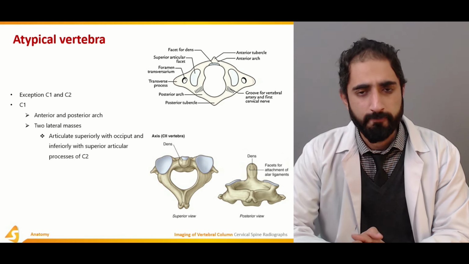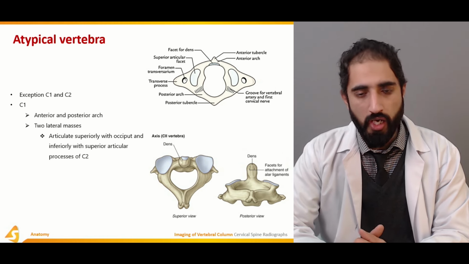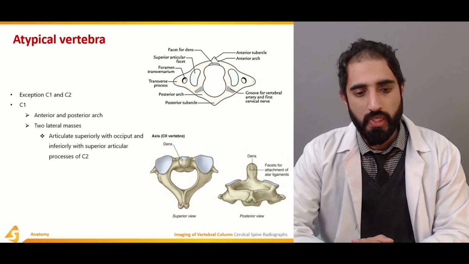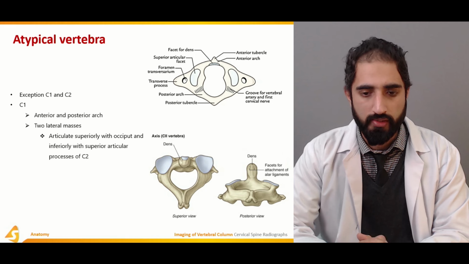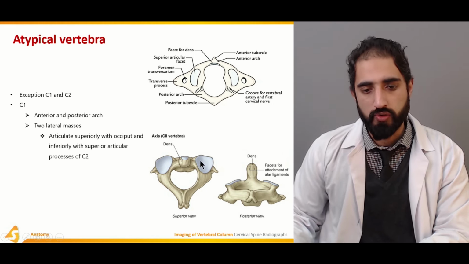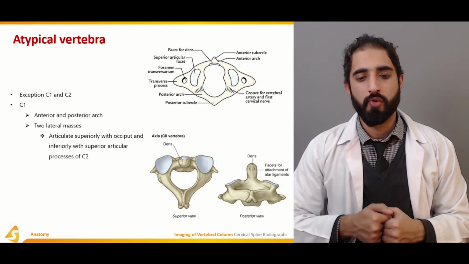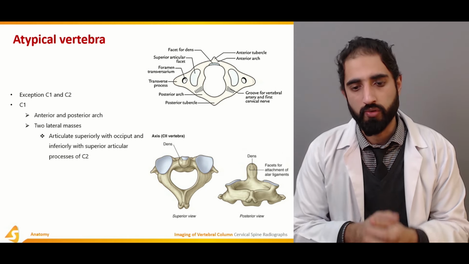And it articulates superiorly with the occiput, making the atlanto-occipital joint, and inferiorly with C2, and C2 and C1 make the atlanto-axial joint. So this here is C2, and these are the superior articular processes of C2, which articulate with the inferior articular processes or facets of C1.